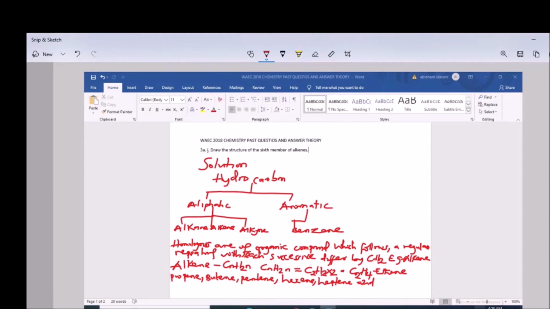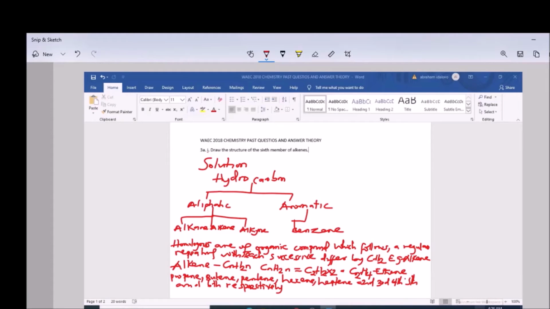We have second, third, fourth, fifth and sixth member respectively. So heptane is the sixth member.